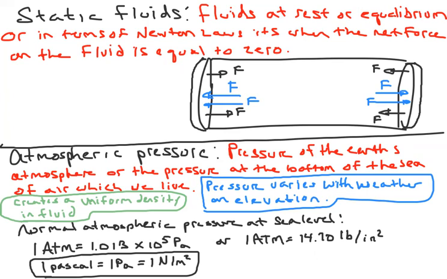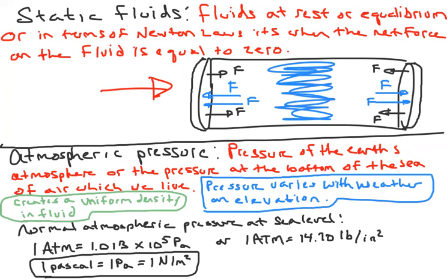And it also works on the principle of Newton's third law. If you think of this container right here, let's say there's fluid in here. I didn't draw it, but let's say there is. The fluid is exerting a force on the walls, and so the walls are exerting a force back on the liquid.